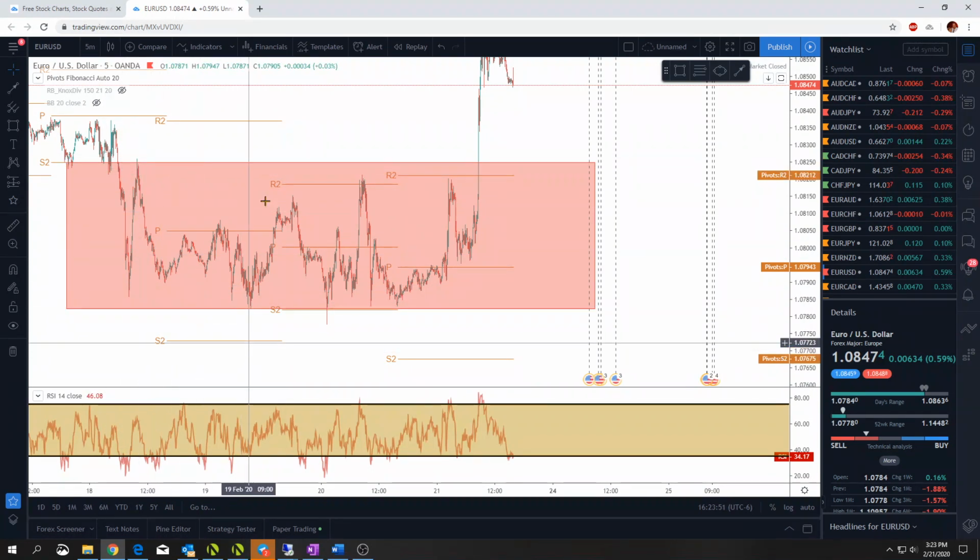I mean, the last few hours of this week, you could have made one trade here. If you play these pivots, you could play these pivots too. But let's just stick with the R2, S2. So one win.